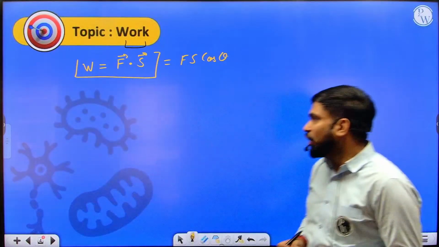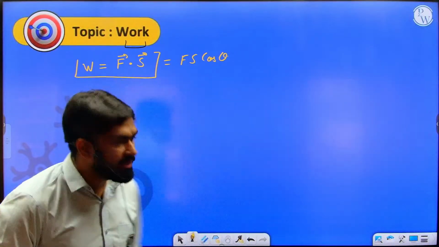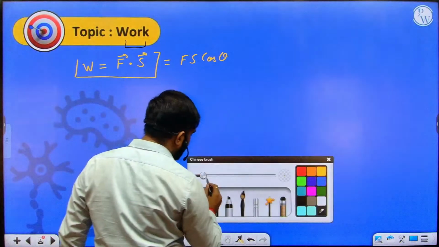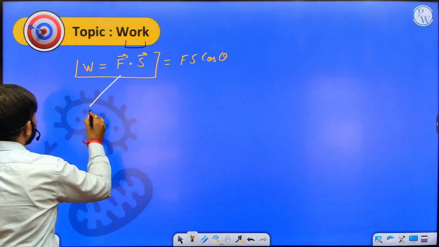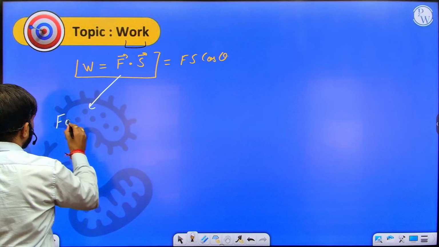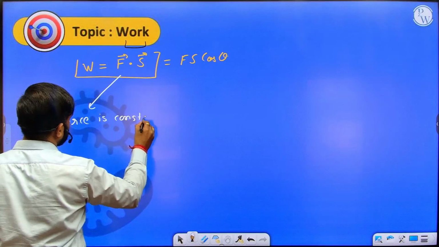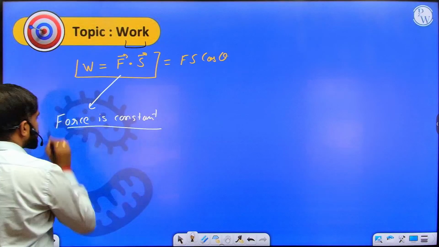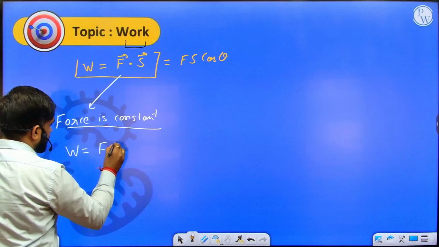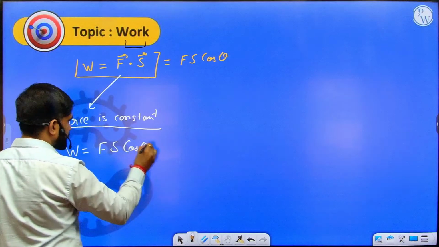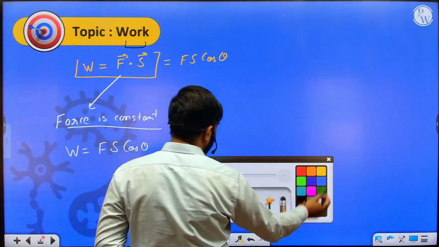You must remember that this is not always true. It is only true when the force remains constant throughout the displacement. If the force is constant, we are good to go with the formula, which is simply F s cos theta.